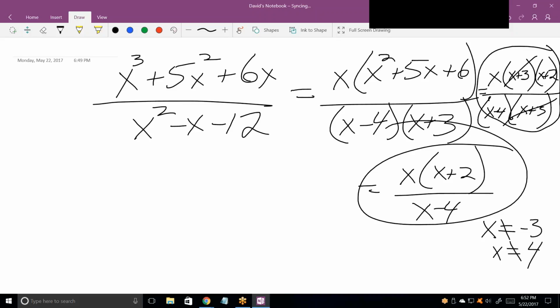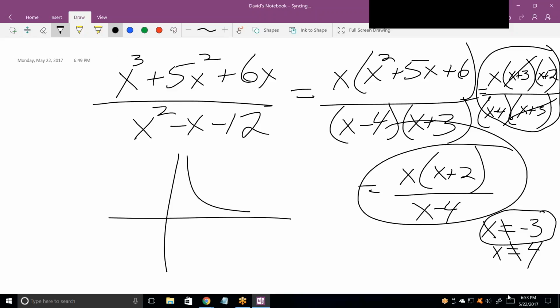What it does is it produces what is called a hole. It's not a vertical asymptote at x equals minus 3. It's a hole. So you might have a curve that looks like this, and there's a little hole there. Open dot. That's completely different than a vertical asymptote.